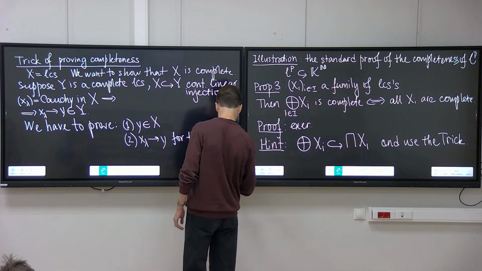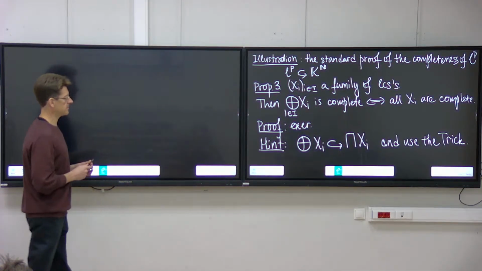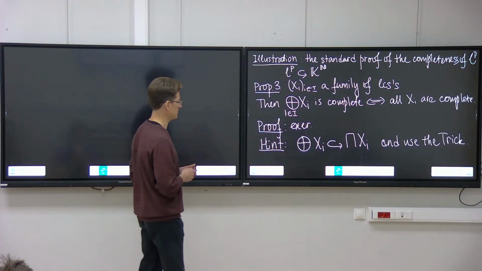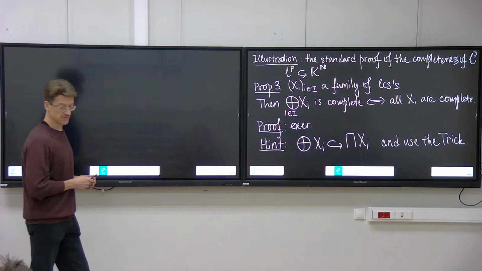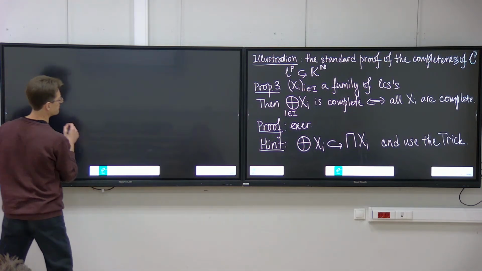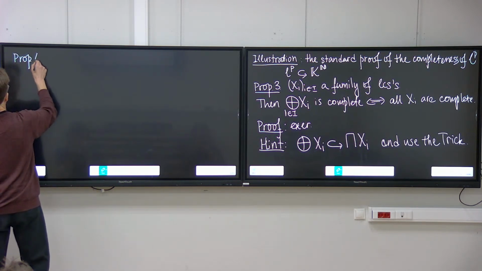How about quotients? Well, in general, the answer is no. The quotient of a complete space is not necessarily complete. But everything is okay if we work with Fréchet spaces. Proposition 4.